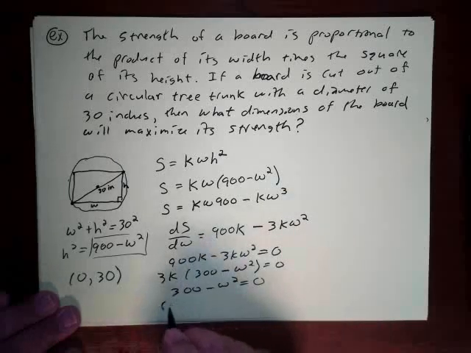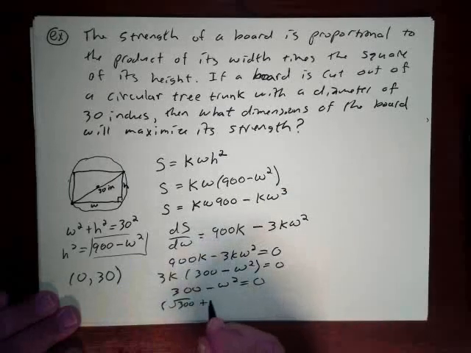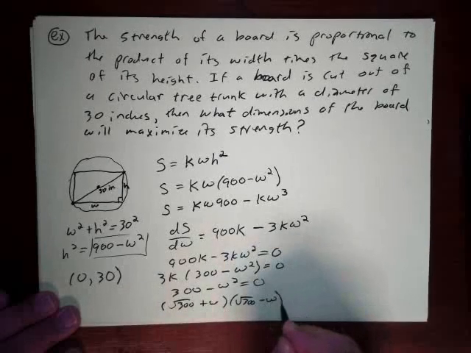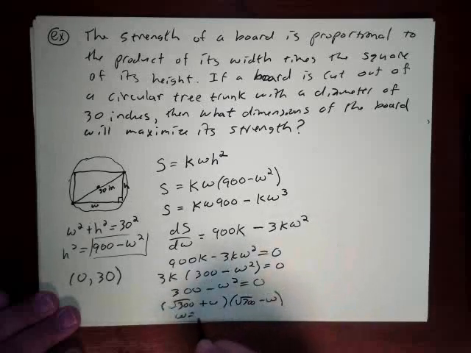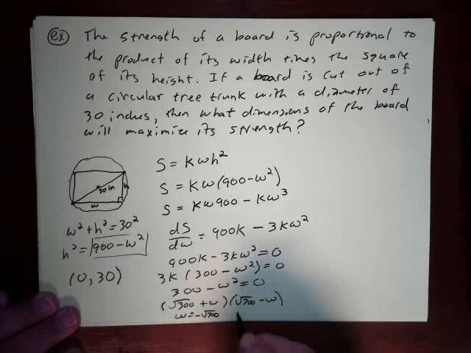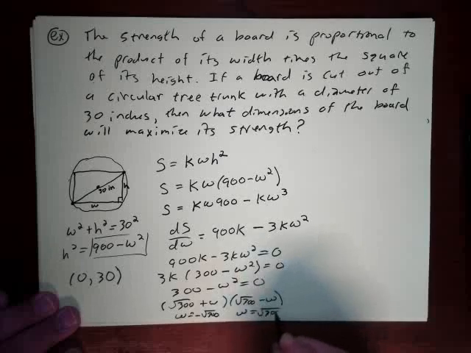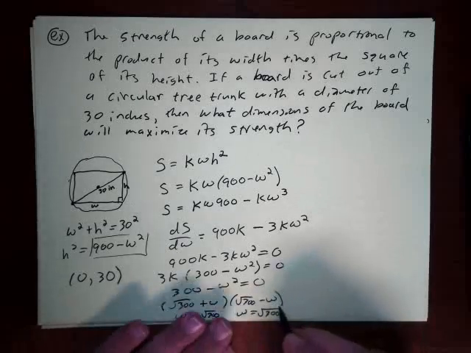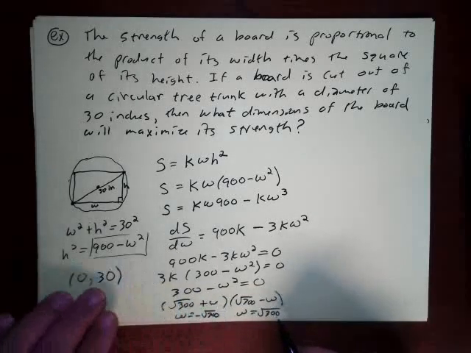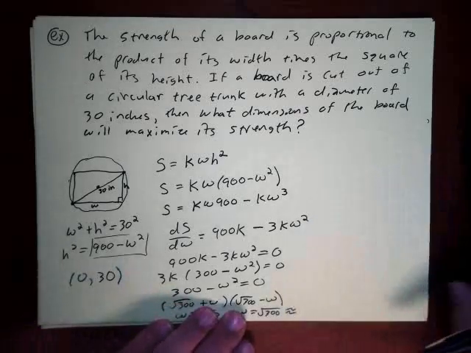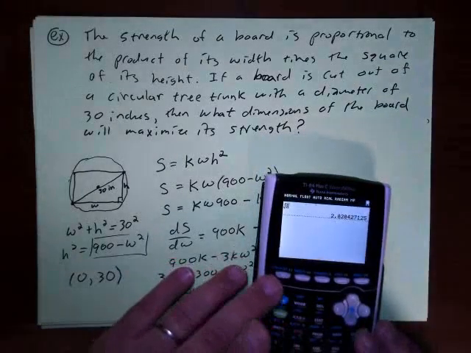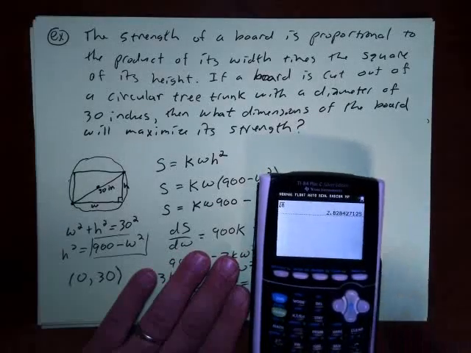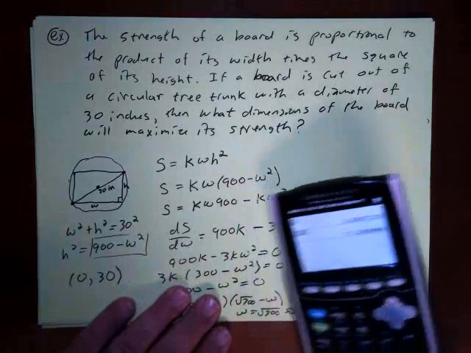If I factor it, I would get the square root of 300 plus W, times the square root of 300 minus W. This would give me W equal to the negative square root of 300, or W equal to the positive square root of 300, which is the one that makes sense, the one that would be in this interval. Let's see what that actually is. The square root of 300 is about 17.32.